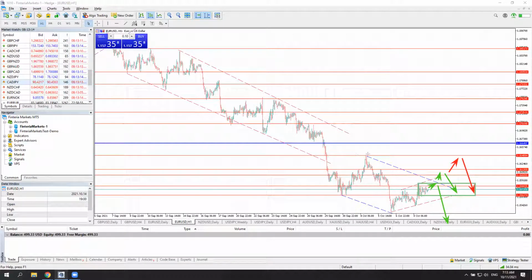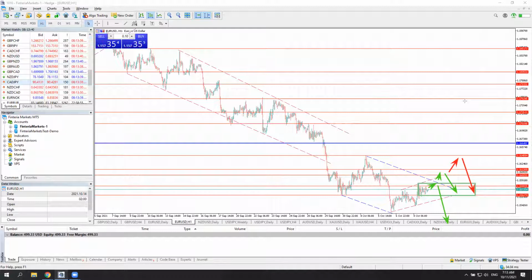I think this level is going to be very critical, and in general, 116.60 is the beginning of the US dollar rally. If we move above this level, in my opinion, it cancels the bearish trend on euro dollar, and then we need to reconsider our analysis and maybe consider long positions.